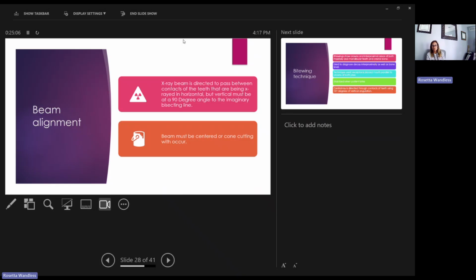The difference between paralleling and bisecting is that in paralleling you're creating a right angle to the long axis of the tooth and the film or sensor. For bisecting, that 90-degree or right angle is created with the bisecting angle. So those are the two big differences between the paralleling technique and the bisecting technique.